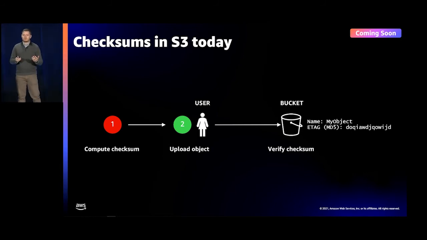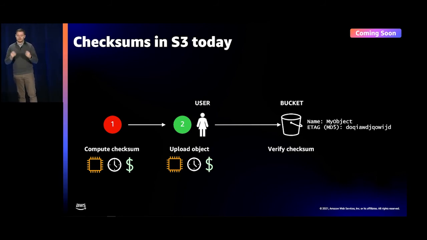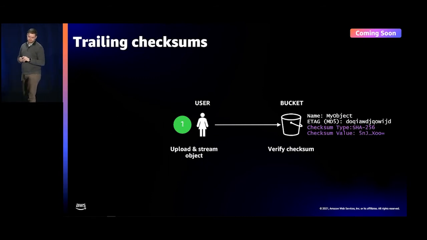This means that both operations take wall clock time as well as their own processing power, which means more time and cost. But with trailing checksums, you're able to calculate a checksum as you stream the data into S3. This saves you time as you're both able to verify and transmit your data in a single pass, instead of as two sequential operations.